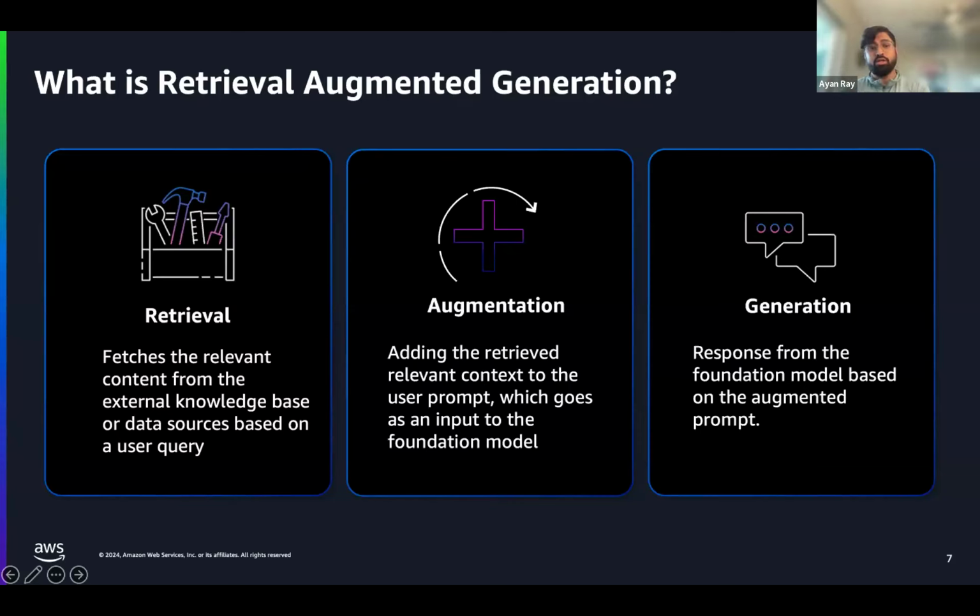Now comes the augmentation part, where we take this relevant context, and it might be the most updated context relevant to the user prompt, and we use that to augment the base prompt. And we pass this consolidated base prompt plus the augmented context to the large language model. And then the large language model generates the response based on this augmented prompt.